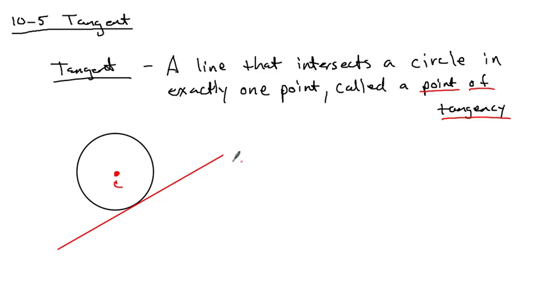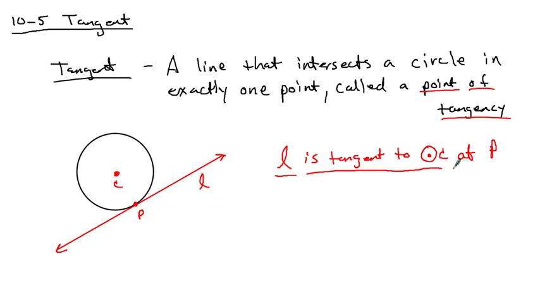And our tangent is a line, so it'll be line L, that intersects a circle in exactly one point, right there, called the point of tangency, so that'll be point P. So the way we talk about this is to say L is tangent to circle C at P.